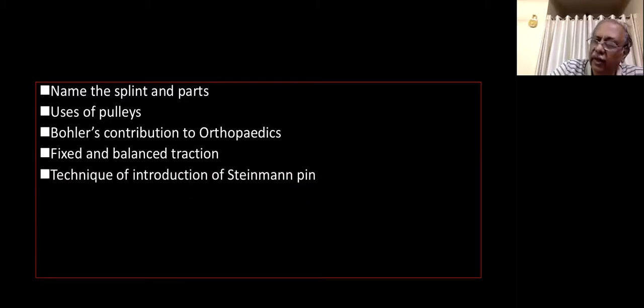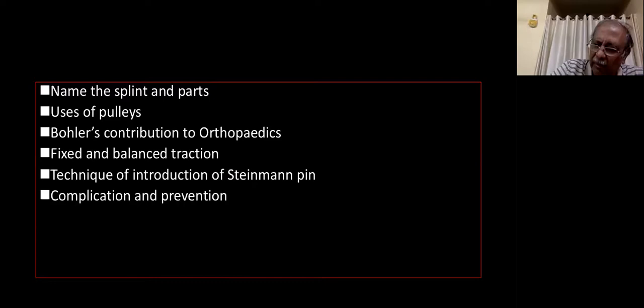The technique of introduction of the Steinman pin is extremely important. And the complications, I have mentioned them, and the most important is probably the pin track infection. Then how will you prevent pin track infection? You should tell that you use a clean or sterile technique. You make a cruciate incision.